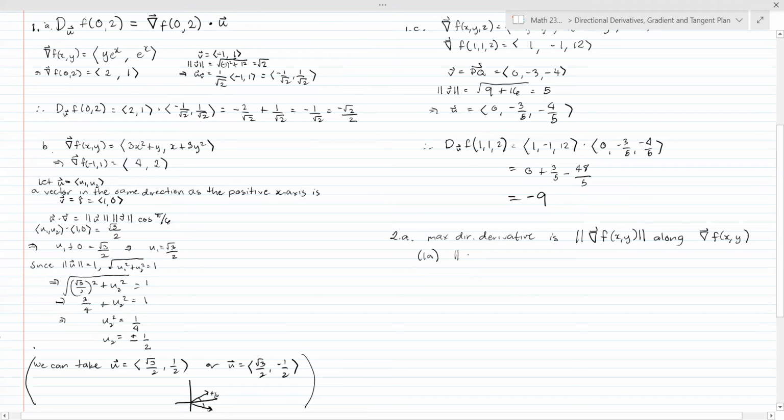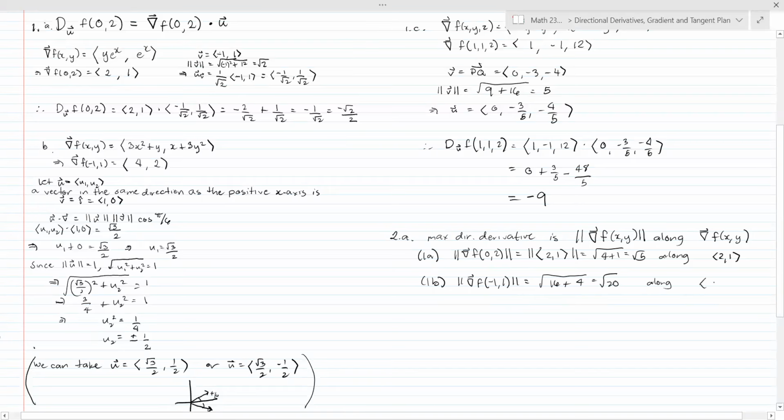Then so 1b, kailangan natin ng norm ng gradient of f at the point (-1, 1). This is just square root of 16 plus 4. This is square root of 20 along (4, 2).